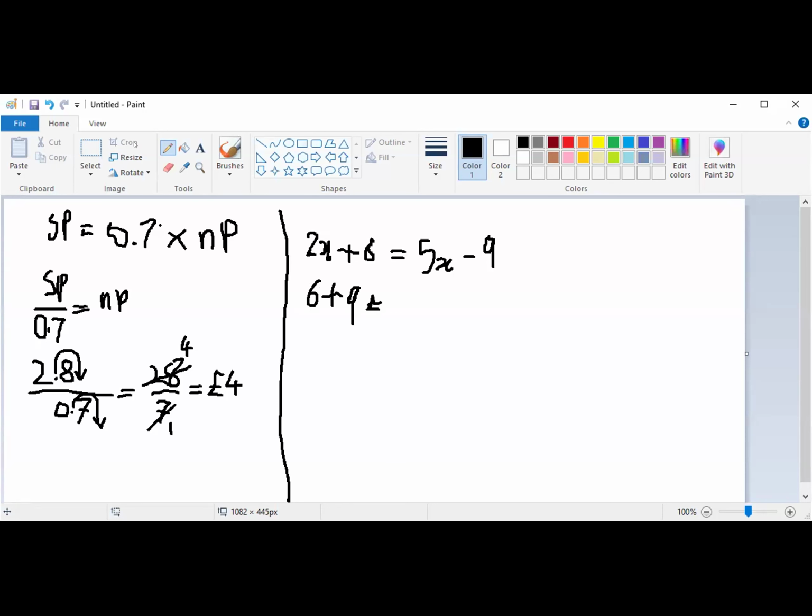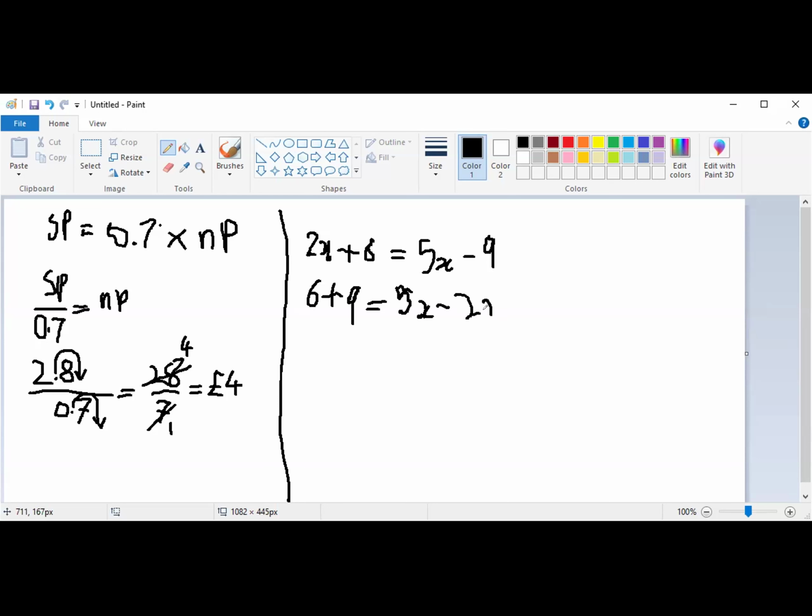Okay, the 5x didn't move, but guess who moved? 2x. So 2x coming over to the right hand side will become minus 2x, right?